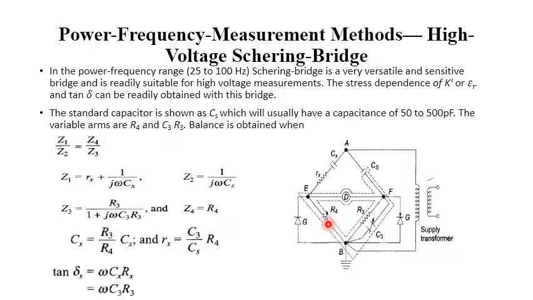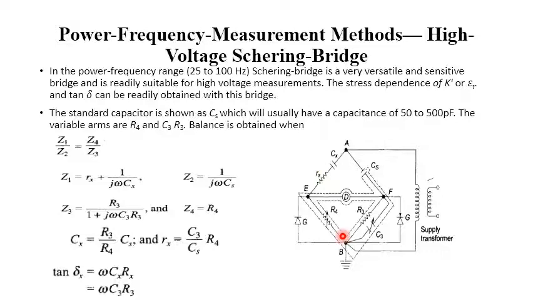It is very important to see that the resistances are pure and not reactive, and the standard capacitor has negligible tan delta. This is the general arrangement which you can see here. It is suitable when the test specimen is not grounded.